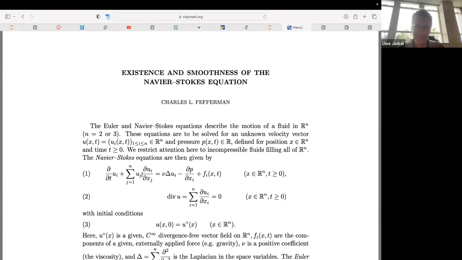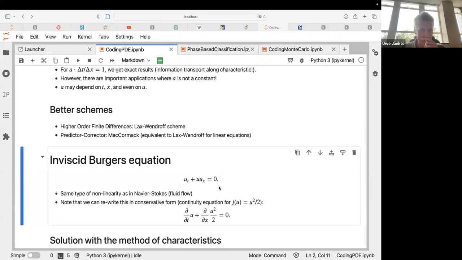The only thing is that u is a vector field in this case, and you sum up over all components of the vector field times its derivative. But it's exactly the same type of nonlinearity that we have in the Burgers equation. That's one of the reasons why the Burgers equation is interesting.